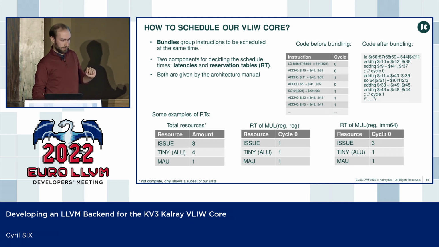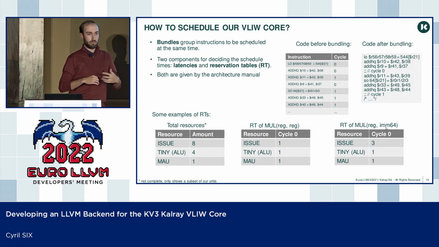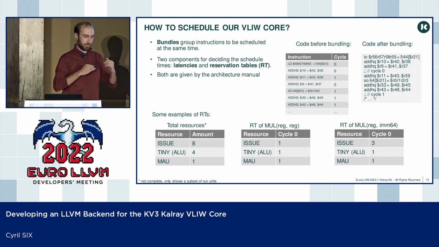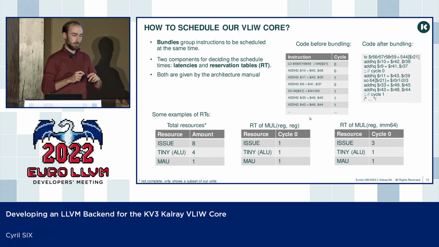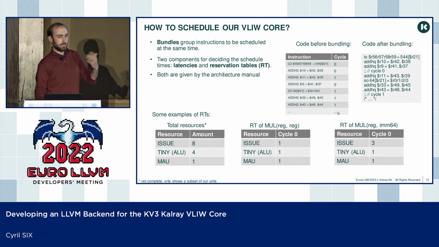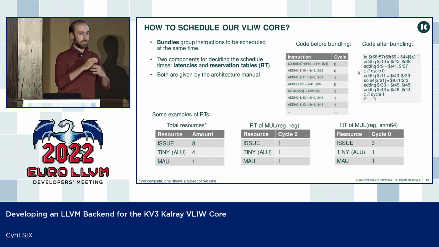But if I want to add an immediate to the multiplication, then I'm going to require more issue resources because the instruction is going to be longer. So ideally, given this information of reservation tables and latencies, the scheduler should return a cycle for each instruction. And ideally, what we would like is that the bundling just packs the instructions at the same cycle together.